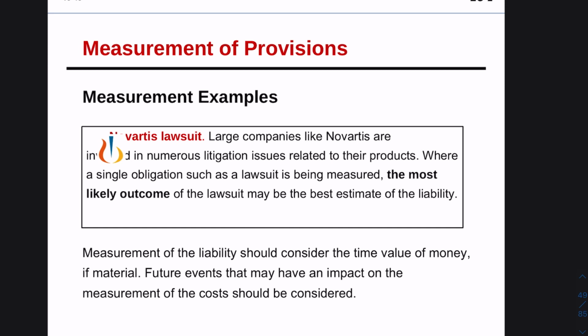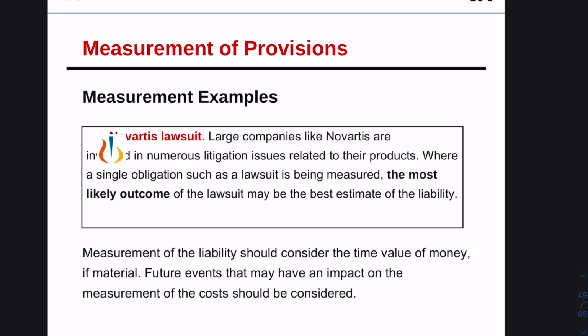Also here we have the Novartis lawsuit. This company is a pharmaceutical company, and because of their products, they have numerous litigation issues. So they will use the most likely outcome of the lawsuit as the best estimate of their liabilities.